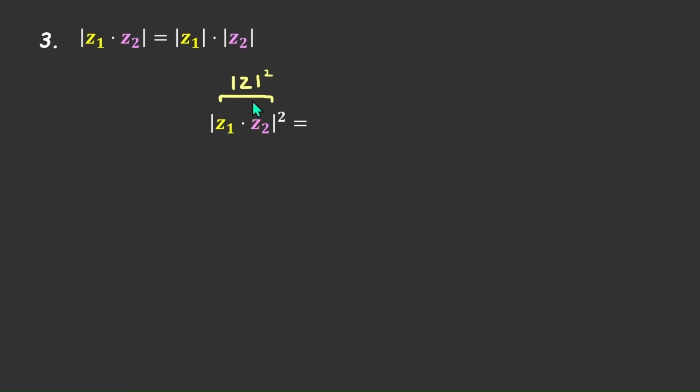Then we know what this is, because in the last property itself we saw that this is equal to z into z conjugate. So here z would be z1 into z2. So it would be z1 into z2 into the conjugate of this. So this is our z, and now the conjugate of this would be this. So this is z conjugate.